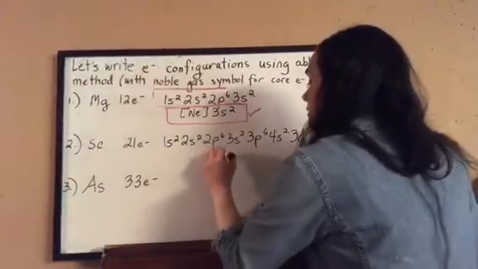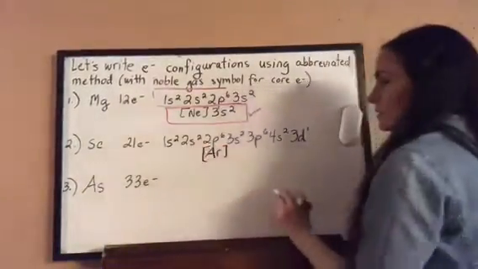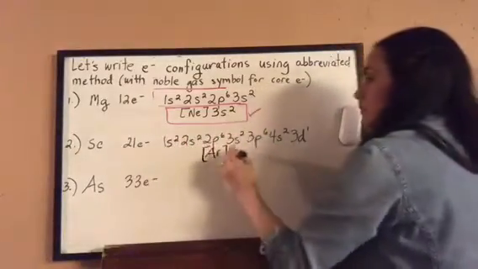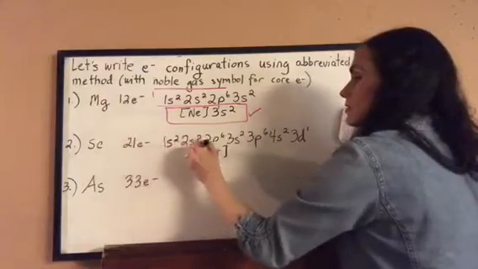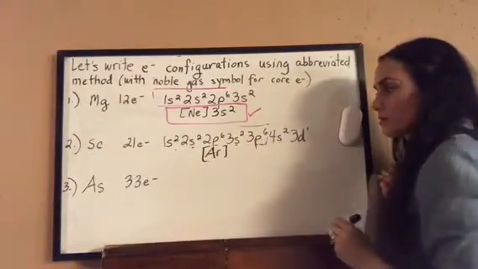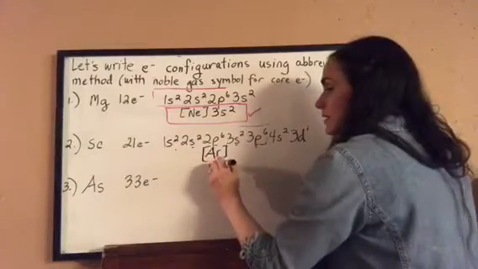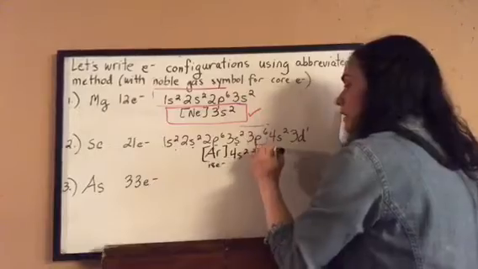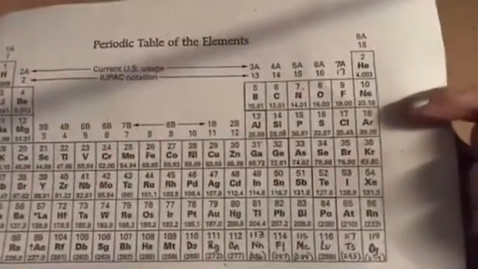So argon core accounts for 18 electrons. That would account for all of these right here. All of these are accounted for when you write that argon symbol in brackets. So that's 18 electrons. Then 4s2, 3d1. Let me go back here. Here's argon.